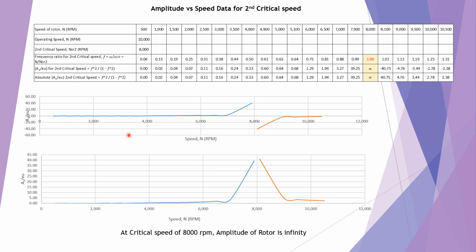Now the same explanation: the x-axis is speed, the y-axis is amplitude, and you can see if you consider another critical speed, that is 8000. Before 8000 it is positive, after 8000 it is negative. If you take both as positive, at 8000 it is infinite.